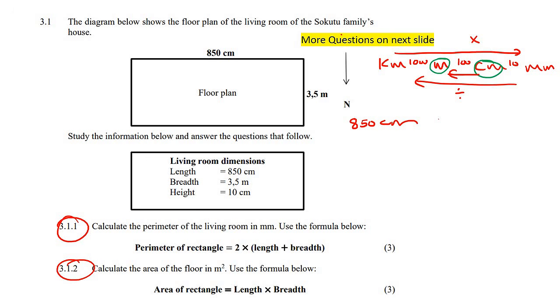When you go to the left hand side, you divide. We're going to divide that by 100, and that'll give us 8.5 meters. We can then say that the area is equal to the length, which is now 8.5, multiplied by the breadth, which is 3.5, and that'll give us 29.75 meters squared.